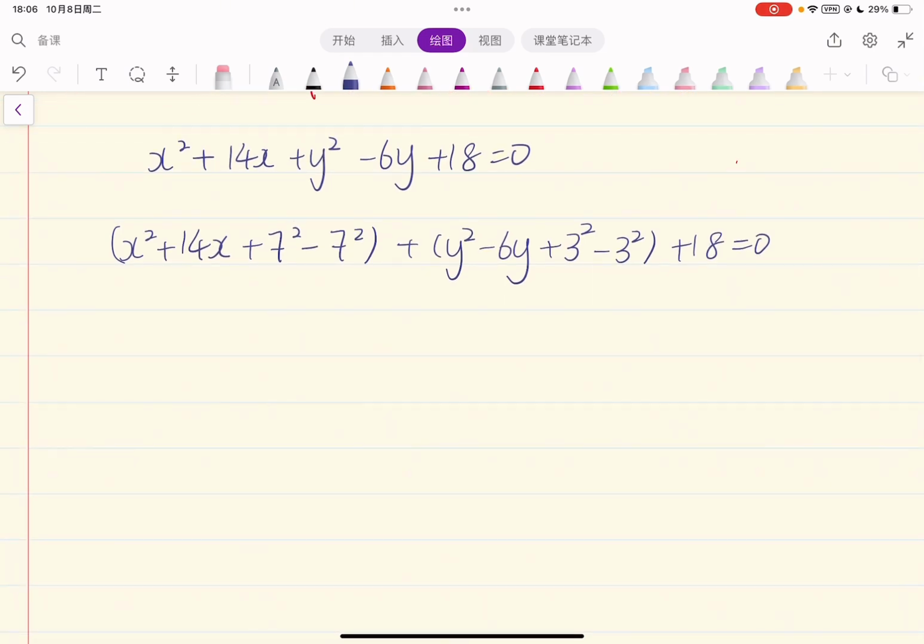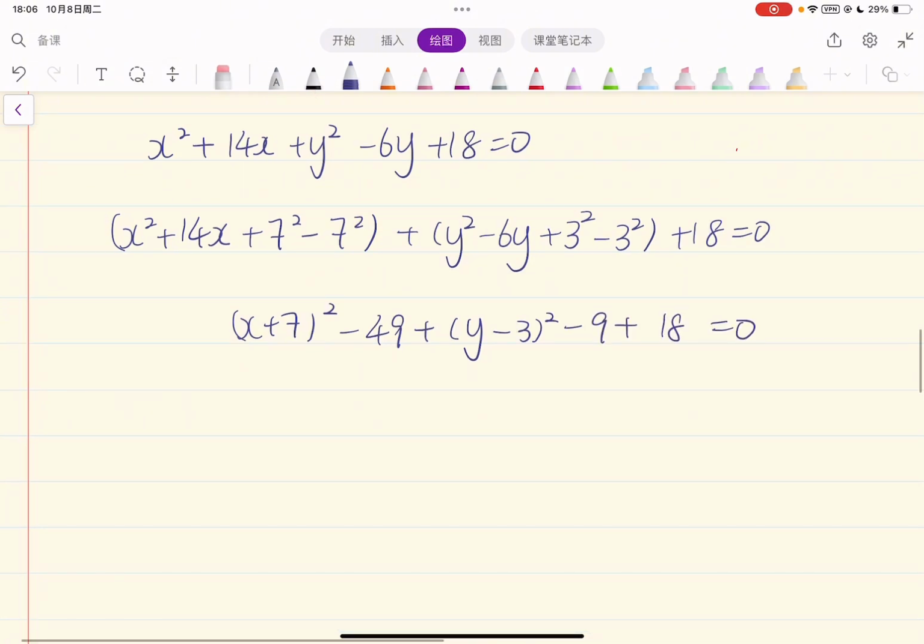We have (x plus 7) squared minus 49 plus (y minus 3) squared minus 9 plus 18 equals 0.